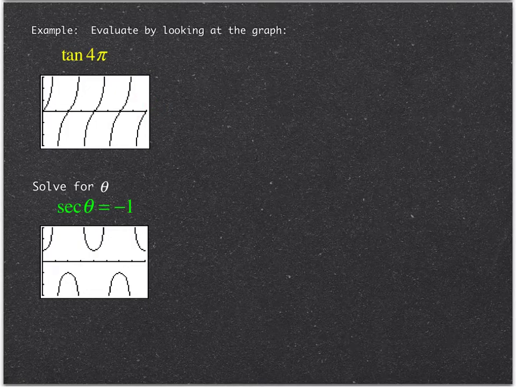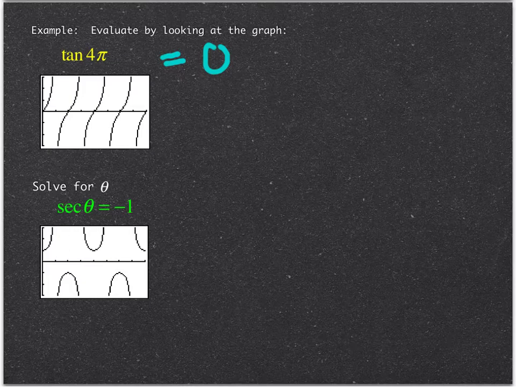So just by looking at the graph, we can see that the tangent of 4 pi is going to be 0. That's something you could put in your calculator, but it's also good to have familiarity about what these graphs look like. And tangent repeats itself every pi units, and basically every even number pi, the value is going to be 0.